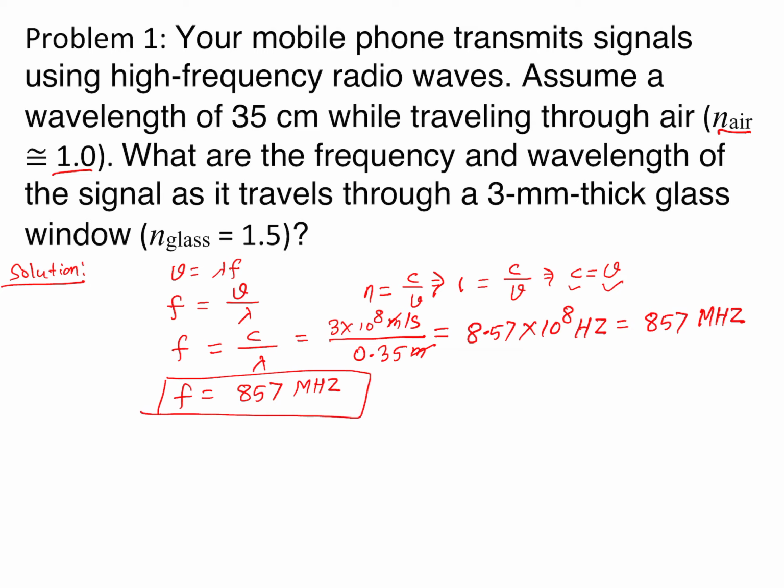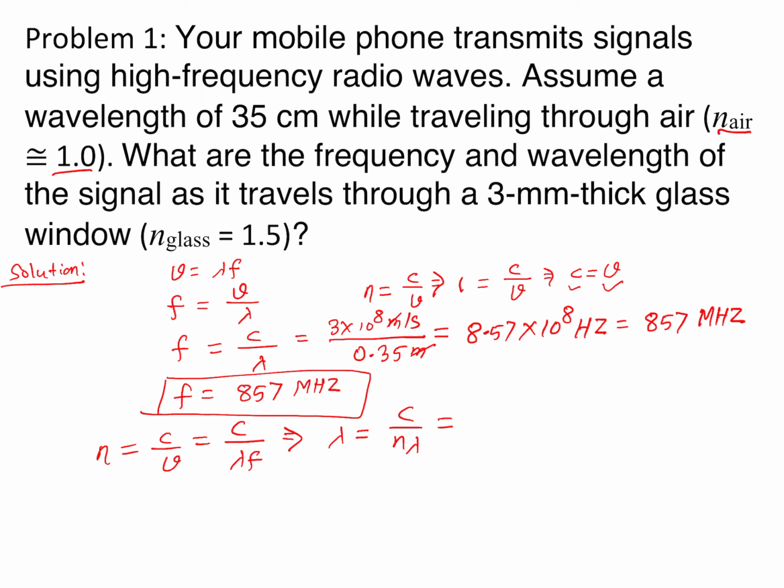So, we want to find the lambda in the glass medium. Again, you know the refractive index n is equal to c over v, where v is equal to lambda f, wavelength and frequency.